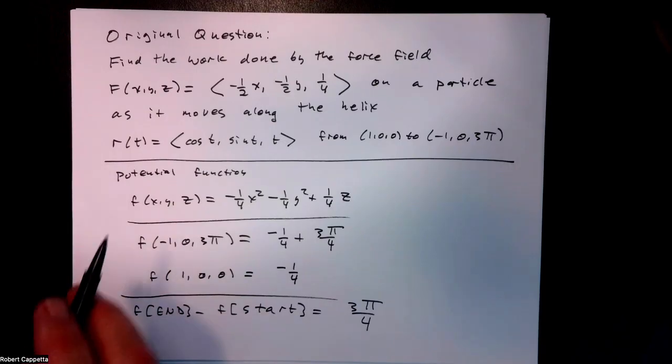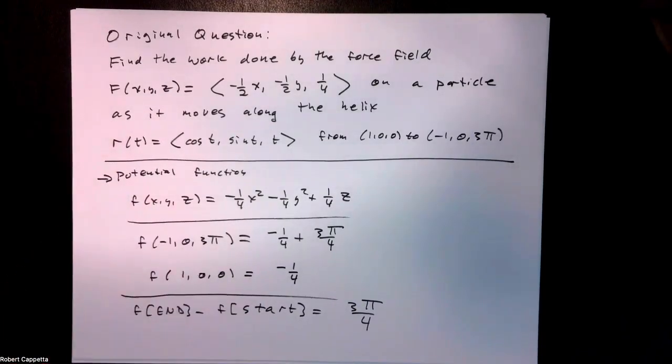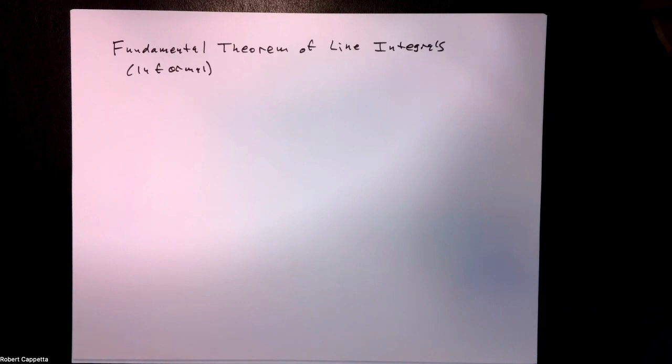But this only works if a potential function exists. And when does a potential function exist? If the vector field is irrotational, i.e. conservative, then we know we can find a potential function and subtract accordingly. So I want to conclude by stating informally the fundamental theorem of line integrals. So if we have a conservative vector field, so how can we determine if a vector field is conservative? It has a curl of 0. It means it's irrotational.